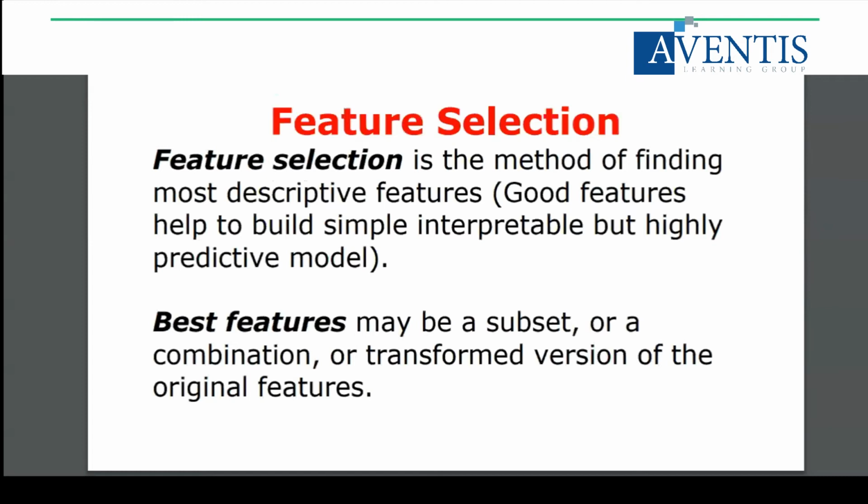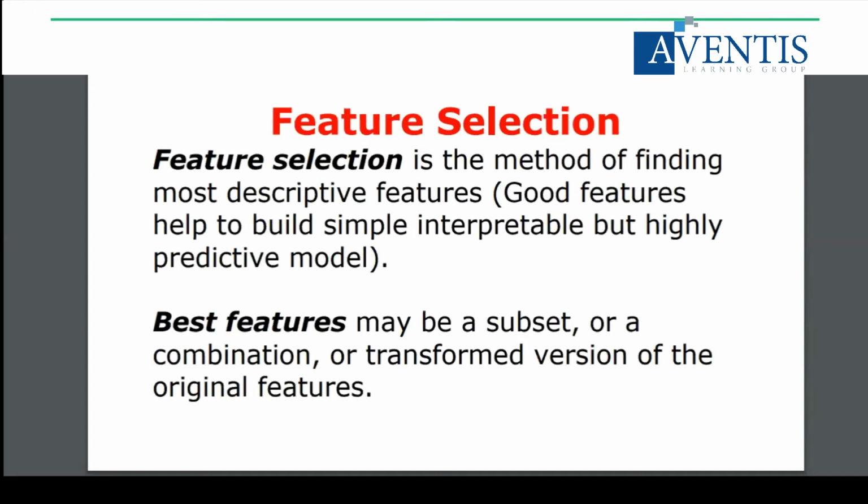So feature selection is the method of finding the most descriptive features which can describe your problem, and good features always help you to build a very simple but interpretable model. Okay, and the best features may be a subset of your whole data set, or it may be some combination, it may be some transformation, it could be anything.